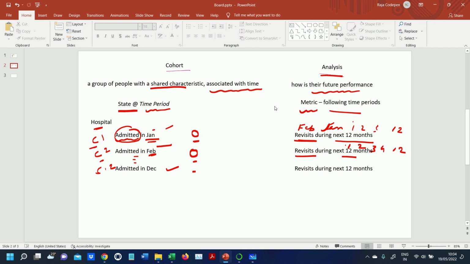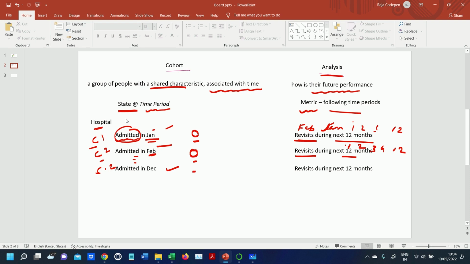Similarly for restaurants, maybe weekend-wise, the number of new visitors to your restaurant. Here the state would be the new visitors, and the time period could be weekends.